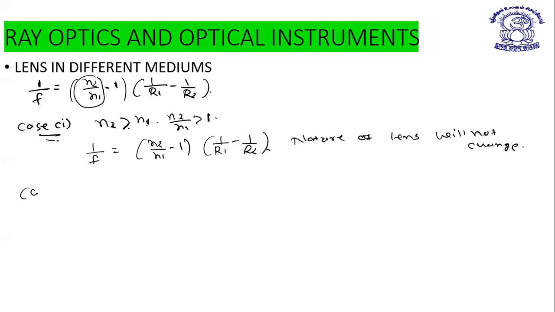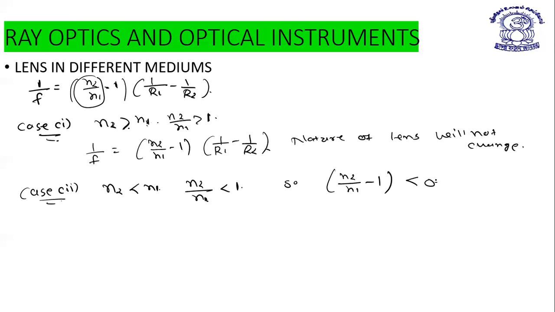But if n2 is less than n1, then n2 by n1 will be less than 1. So n2 by n1 minus 1 will be less than 0. In this situation, the nature of lens will change.